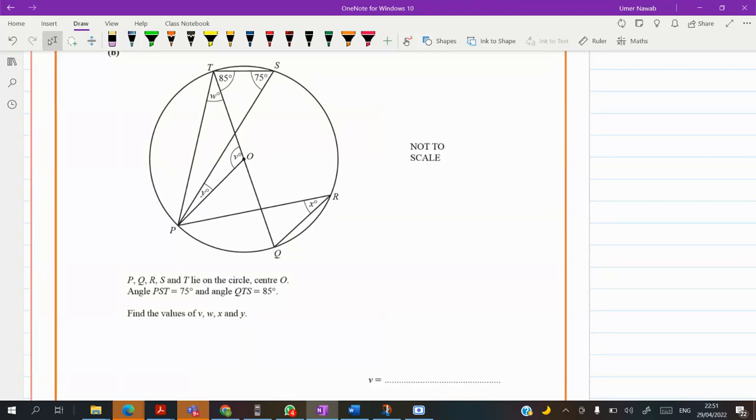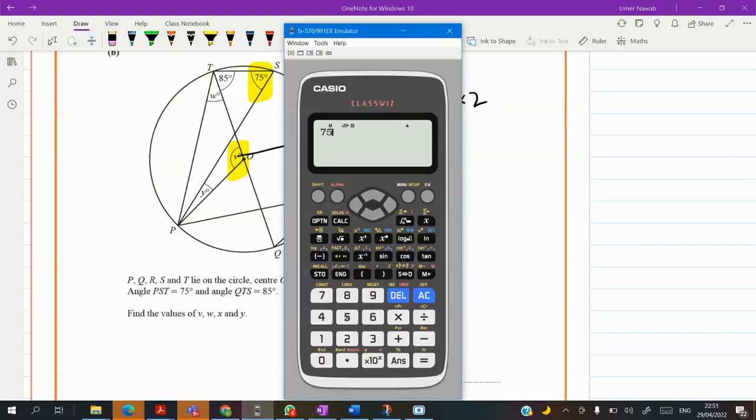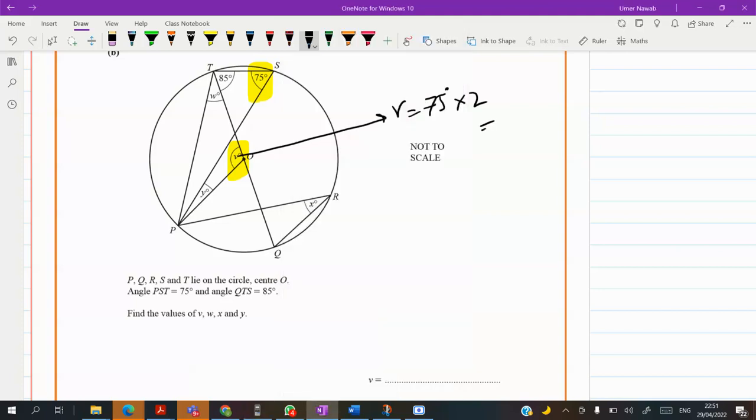V. We want to find the central angle. You know the angle at the circumference is 75, so the V is double of that. So V is 75 times 2, which gives you 150.